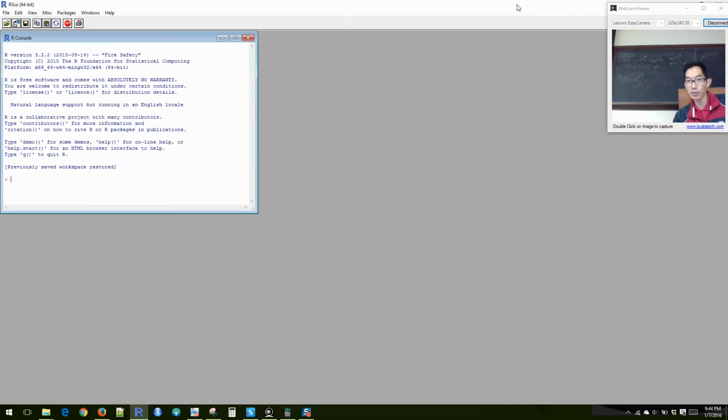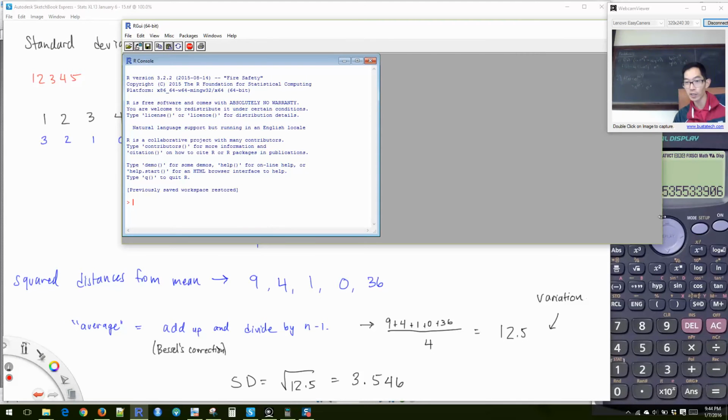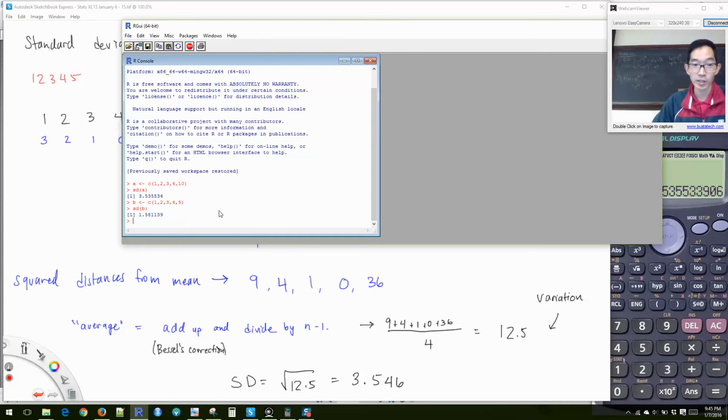Here I have some software that can calculate the standard deviation very quickly. I can say A is 1, 2, 3, 4, 10, and indeed the standard deviation of A is what we calculated. And if I replace the last number with 5 instead of 10, the standard deviation of this set is 1.58.